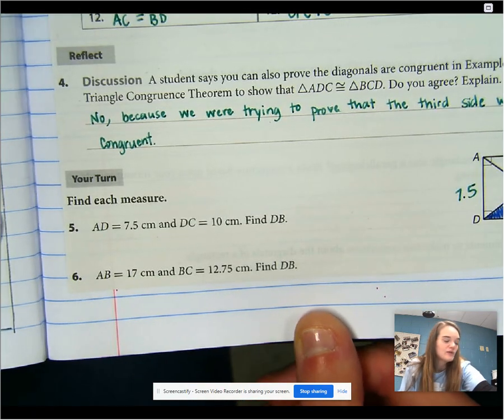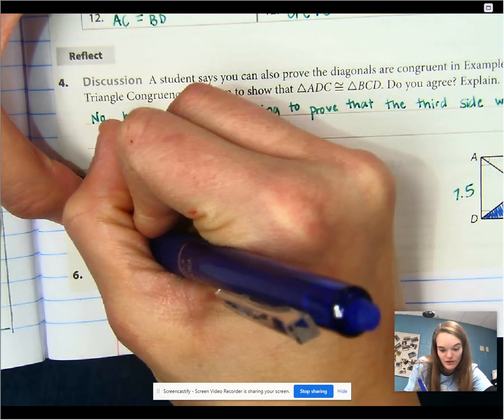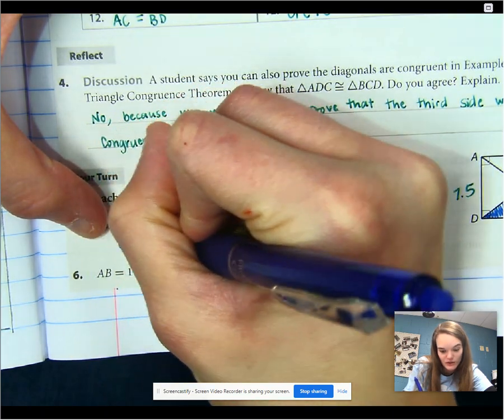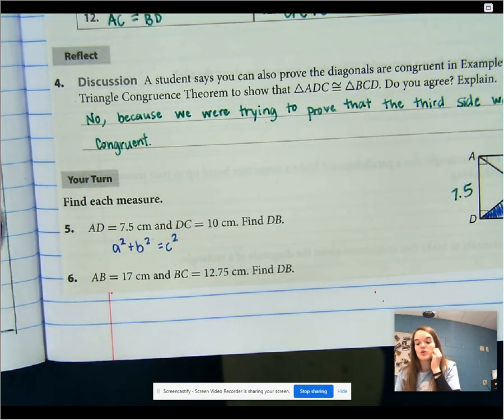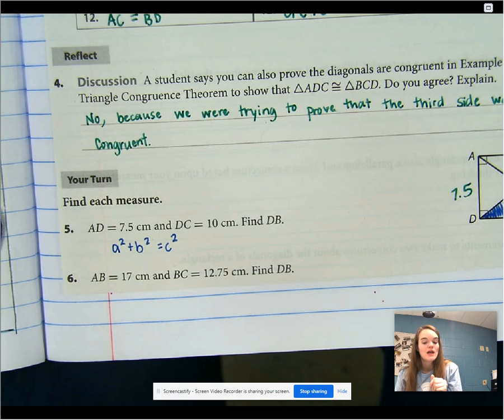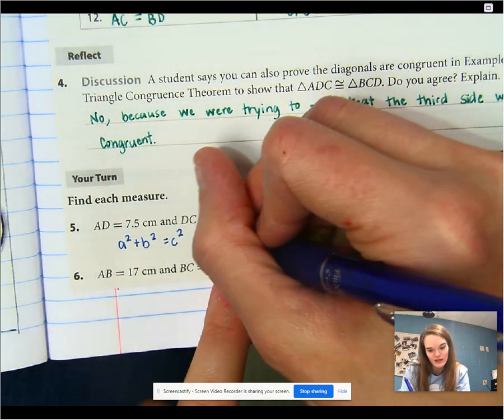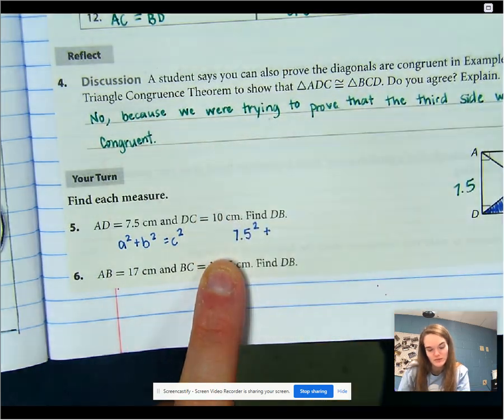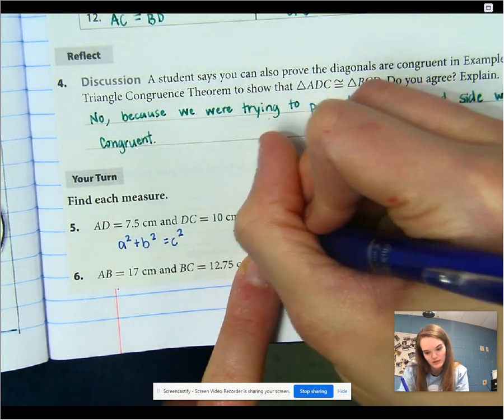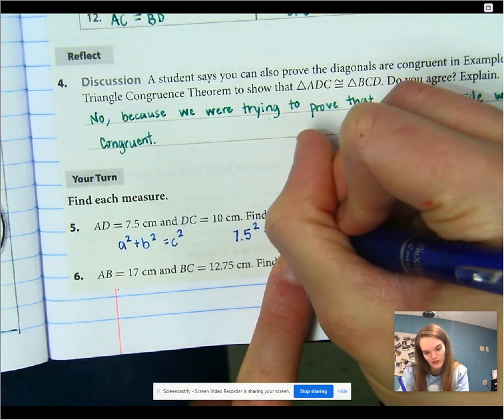Pythagorean theorem, in case you have forgotten, is a squared plus b squared equals c squared. Remember, the only one of those that matters order-wise is c. C has to be the hypotenuse. DB is the hypotenuse. So I'm going to replace a with 7.5, b with 10, and I'm looking for DB.